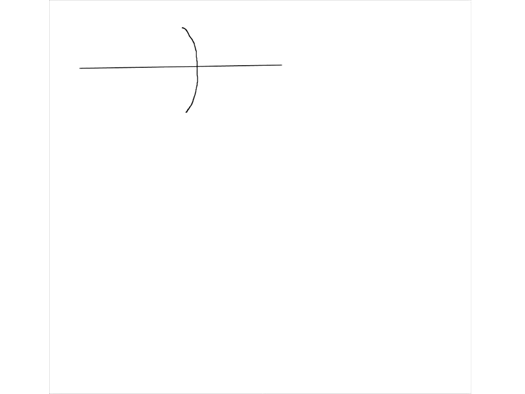Let's say this is C, this is the object. We take one ray which is parallel, it goes via F. Other ray we can take via C, it will just bounce back.